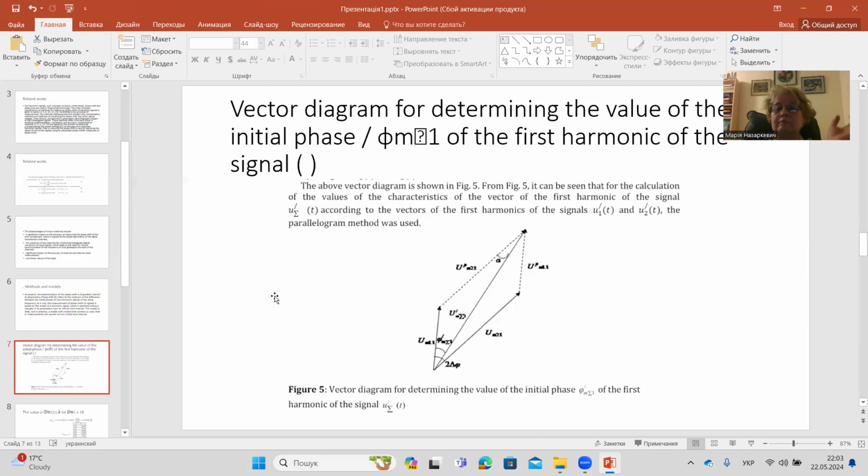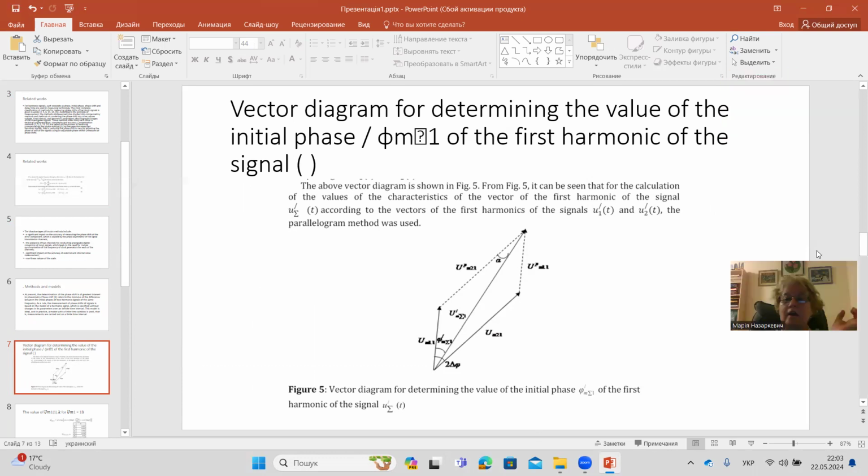A vector diagram for determining the value of the initial phase of the first harmonic of the signal is presented in this picture.